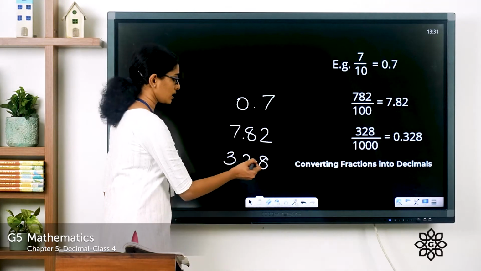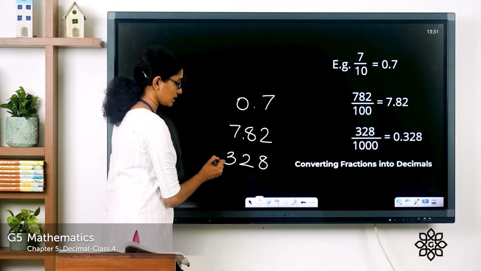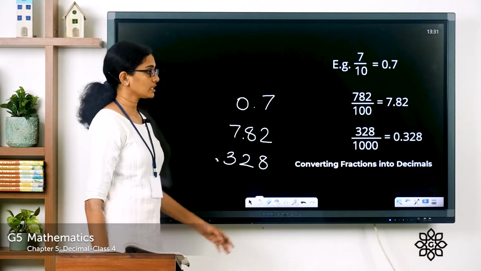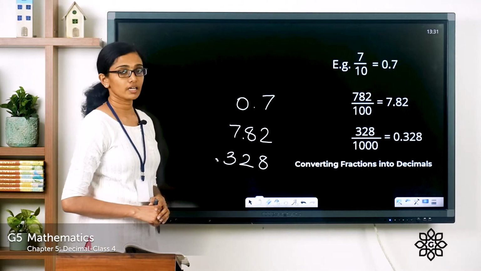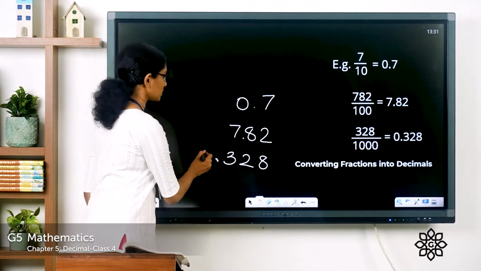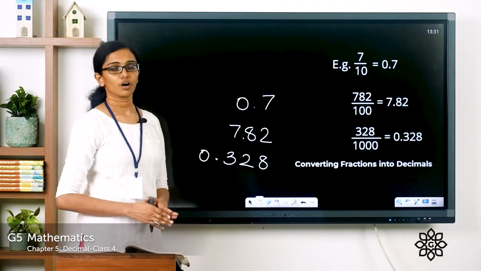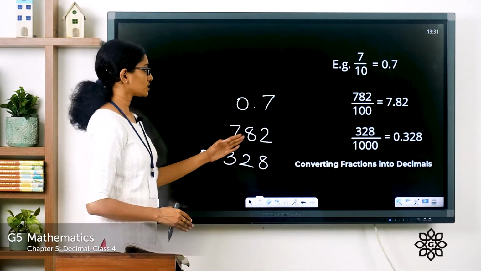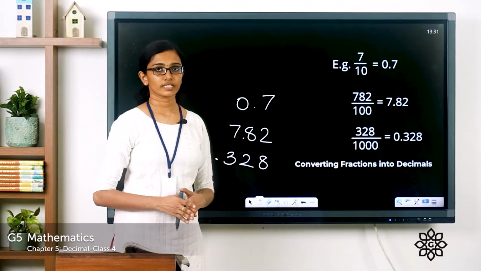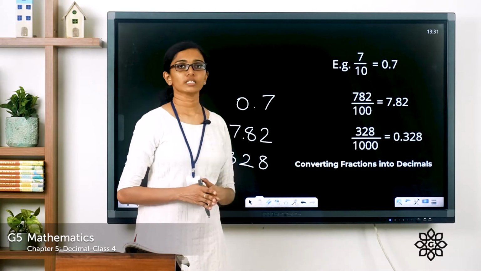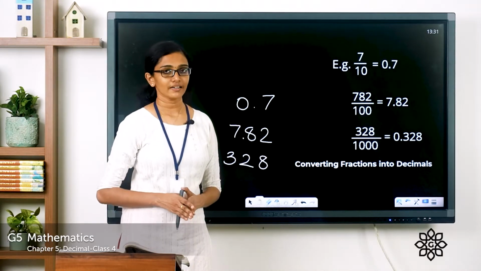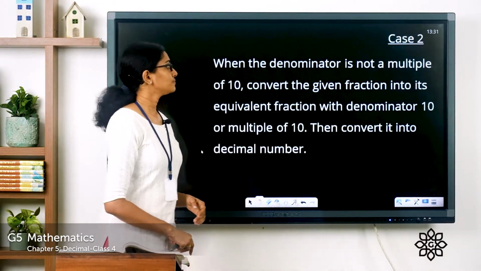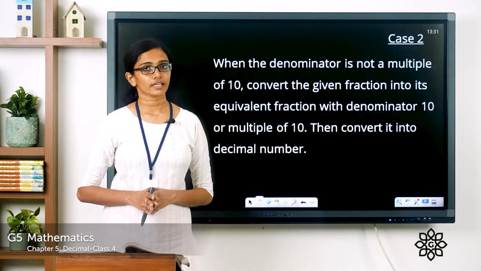So it's 1, 2, 3. There you put the decimal point, and since you don't have a whole number part, let's put 0 as the whole number part. So 328 by 1000 is equal to 0.328. Clear?